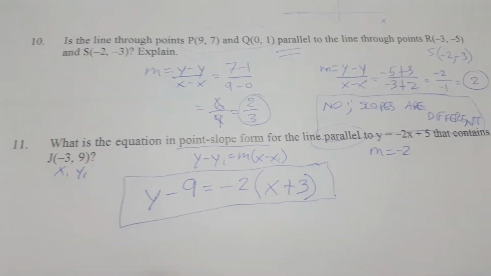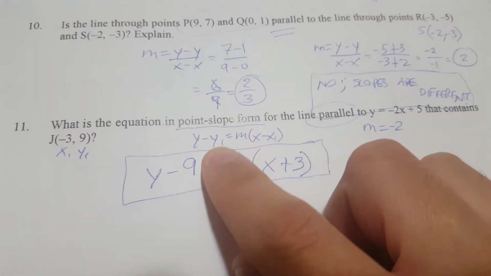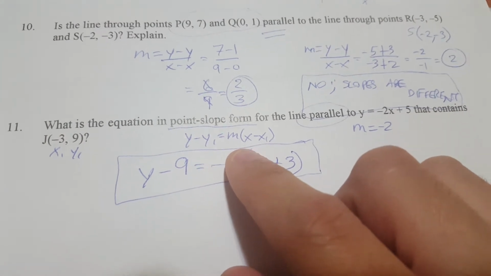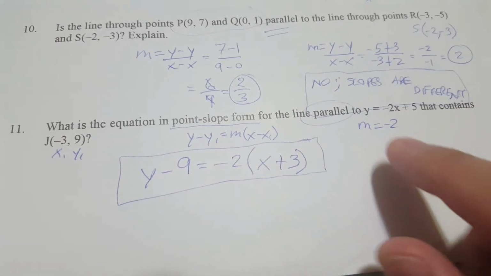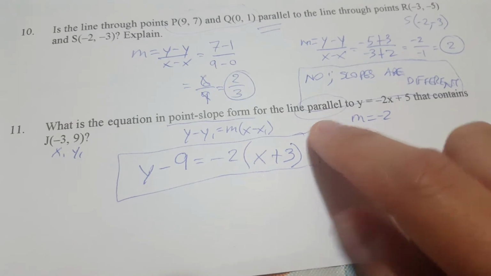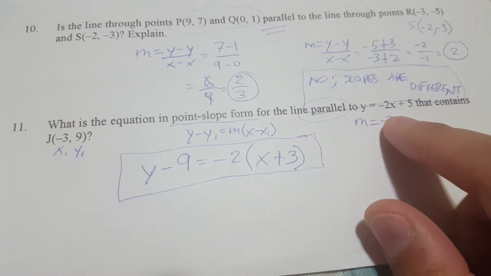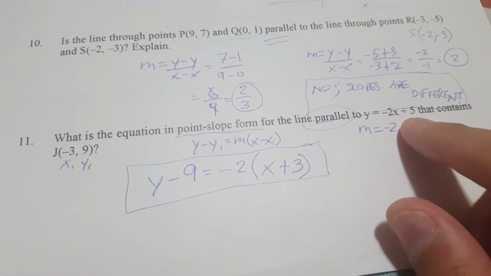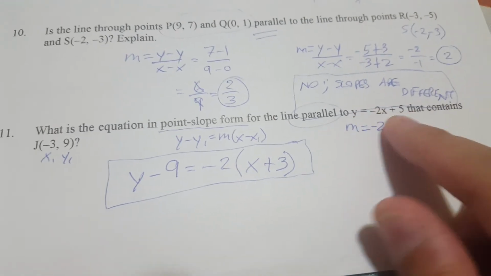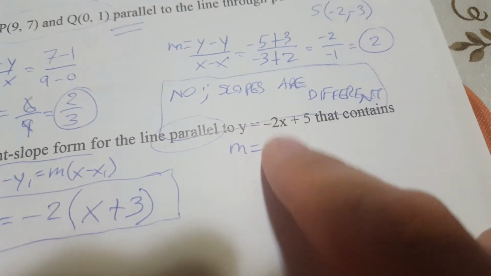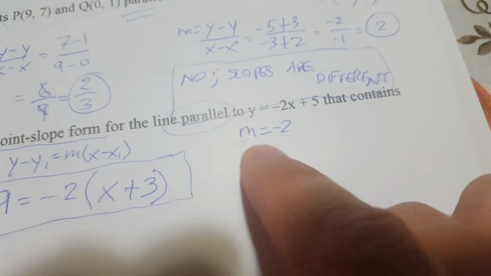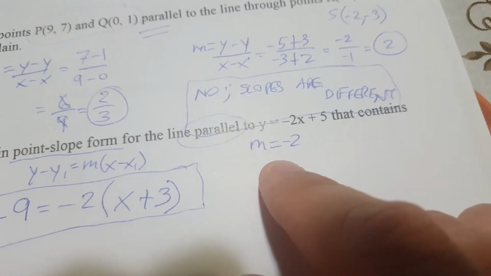Number 11, what is the equation in point-slope form? So we're just looking at y minus y1 equals m times x minus x1. This tells you that this is parallel to this line, y = -2x + 5. You don't care about this line at all. All you want is the slope. The slope here is negative 2. Since it's parallel, I'm also going to use this slope.